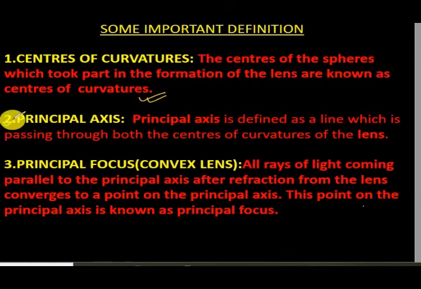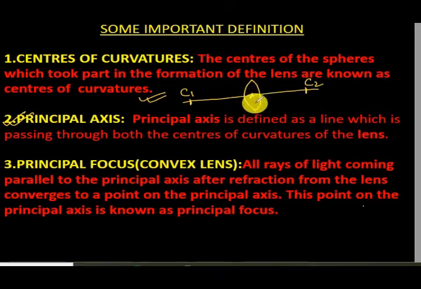Then principal axis. So what is the principal axis? We had a line which passes through C1 and C2, that passes through the lens. Let me draw. Let us say this is your lens. Then we have a line here. Let us say here C1 and here C2.